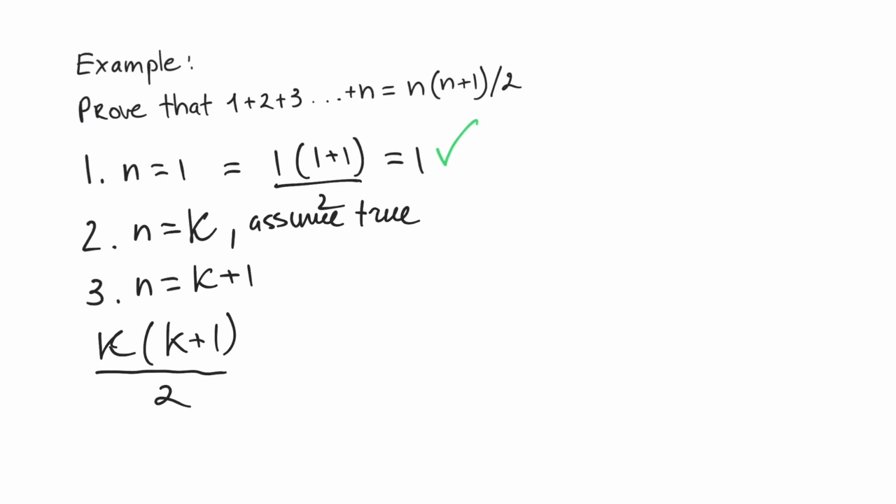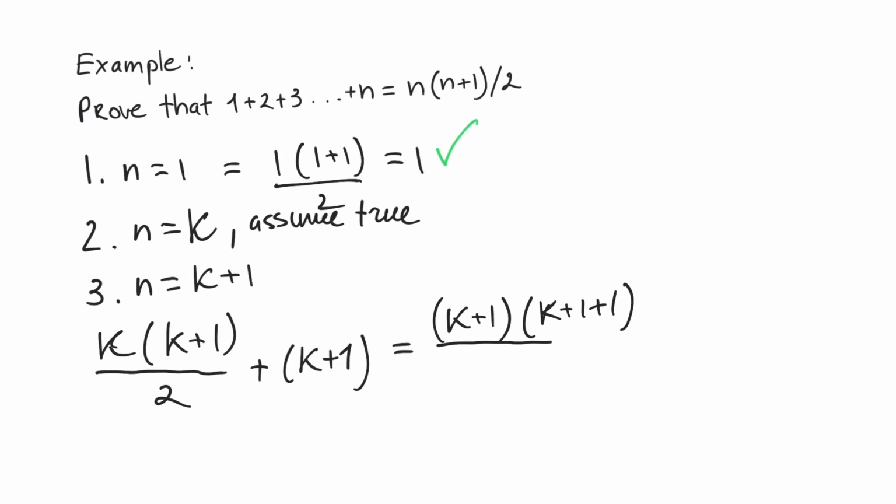So what we have to show is that this statement plus k plus 1 equals the right-hand side statement for k plus 1, which is k plus 1 times k plus 2 over 2.